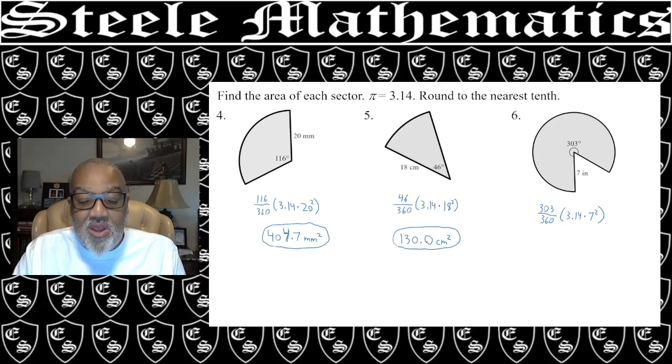So you do 303 divided by 360 times 3.14 times 7 squared, and you get 129.5 square inches.